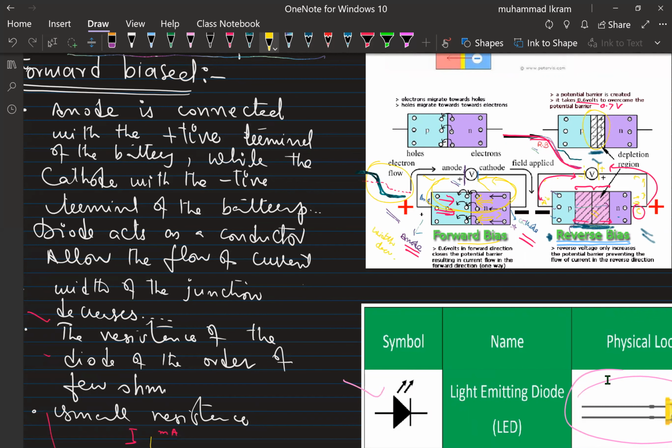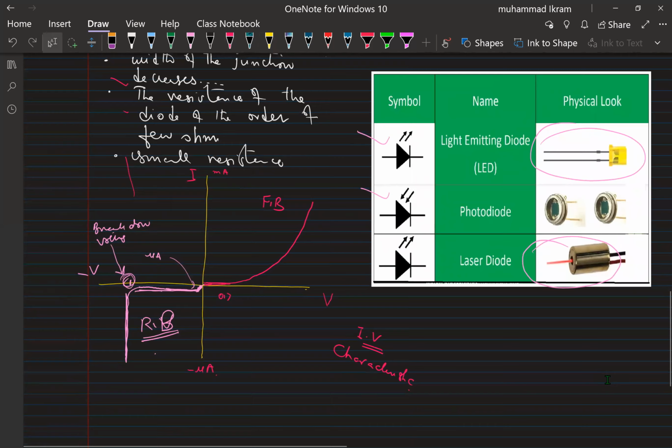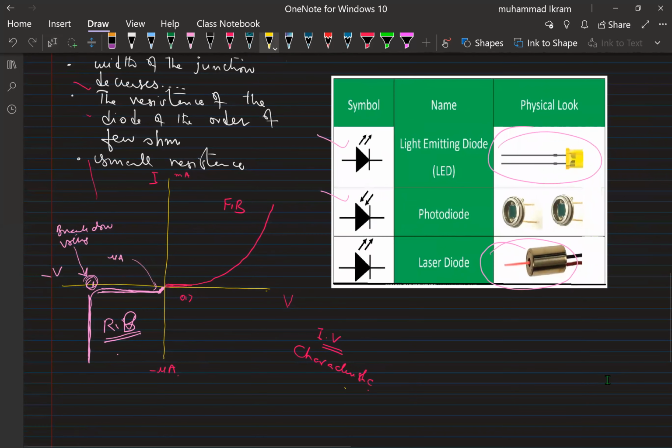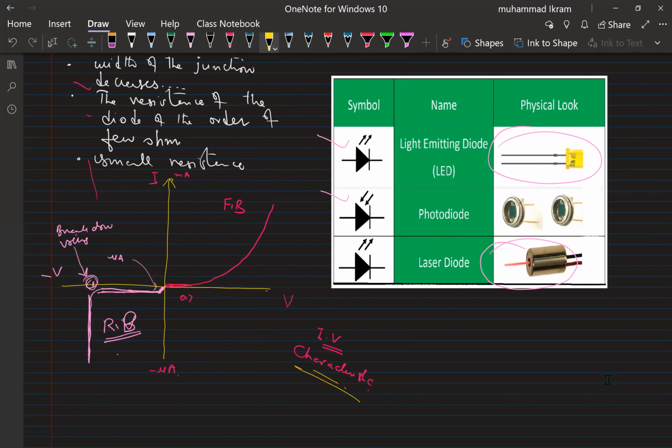So if I draw the graph between the voltage and the current for studying the IV characteristic, for example, look, this is the forward bias condition.